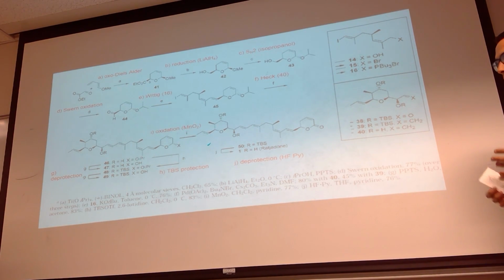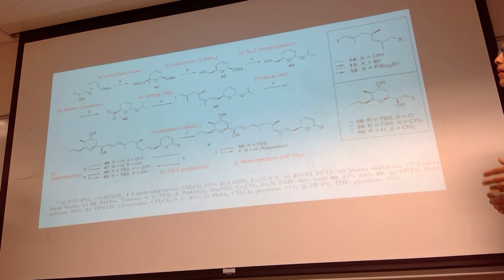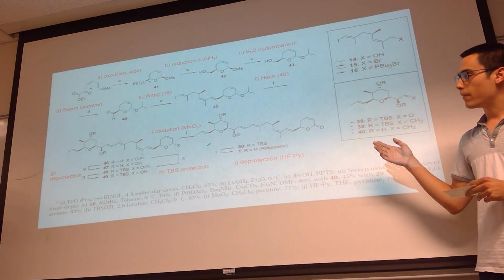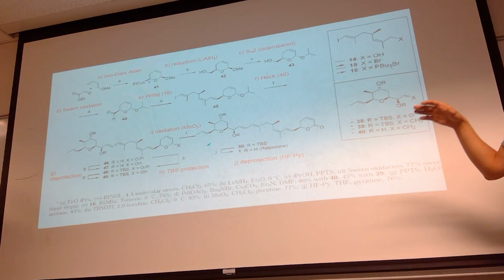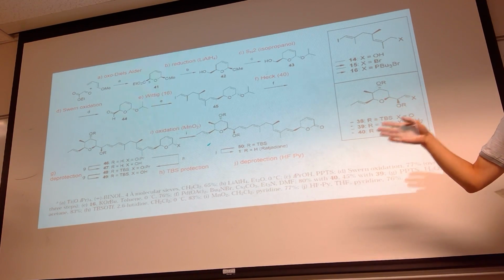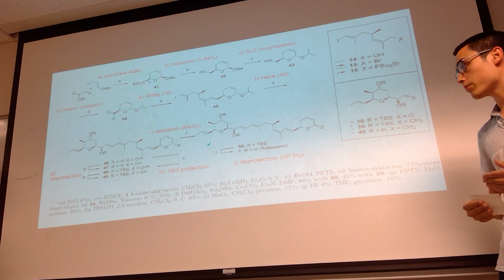So 46 to 49 is a little weird. They first tried to deprotect by removing that isopropyl ester, but when they then went to the oxidation, the next steps, they got low yields. So then they went back and protected with TBS first, and then converted the isopropyl ester to an alcohol group.